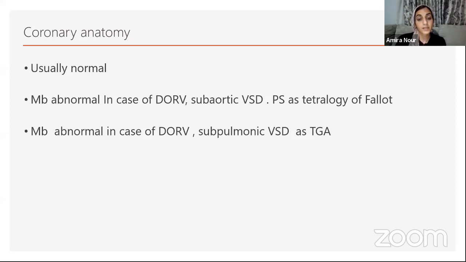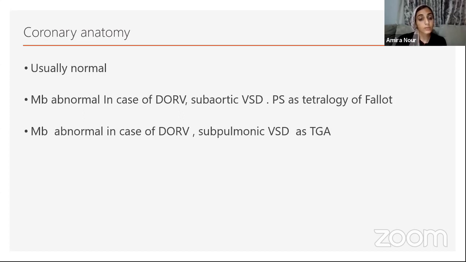For example, in some cases with DORV subaortic VSD, pulmonary stenosis, which look closely like tetralogy of Fallot, you may have the LAD arising from the right coronary artery and crossing the RVOT. So you should carefully identify the coronary anatomy by echocardiography, and if not possible, by multi-slice CT.